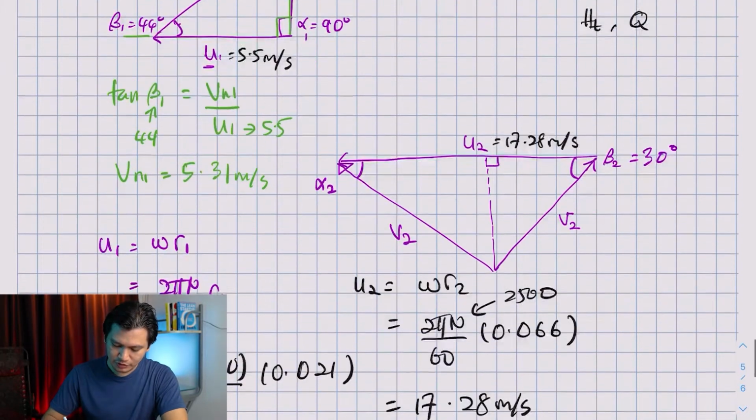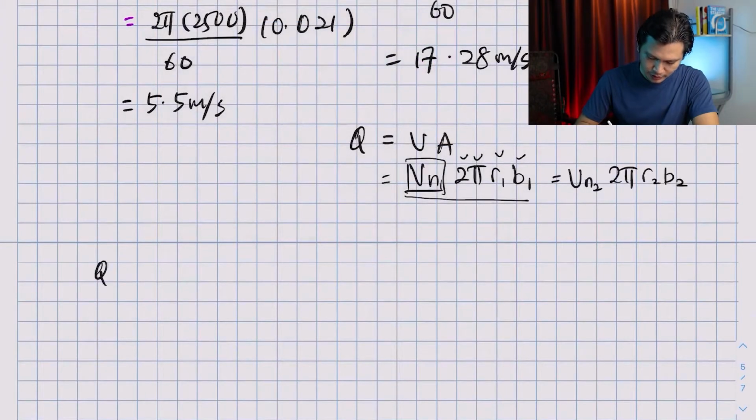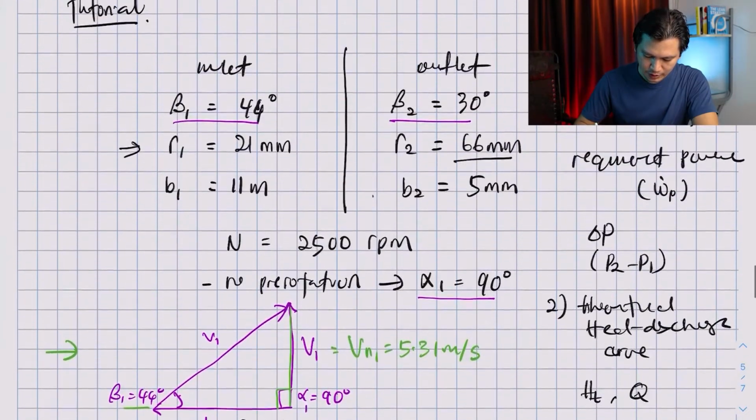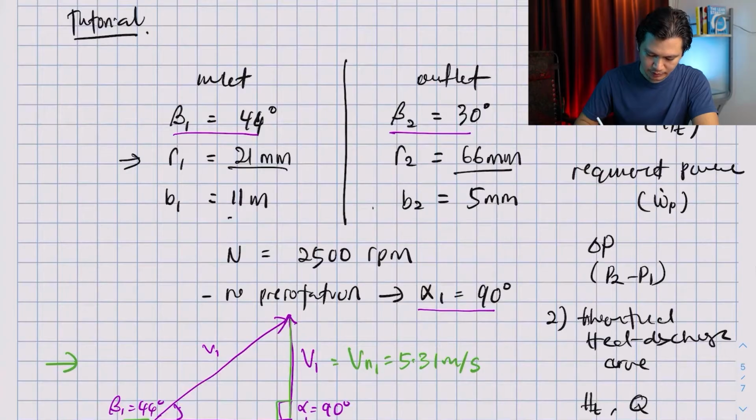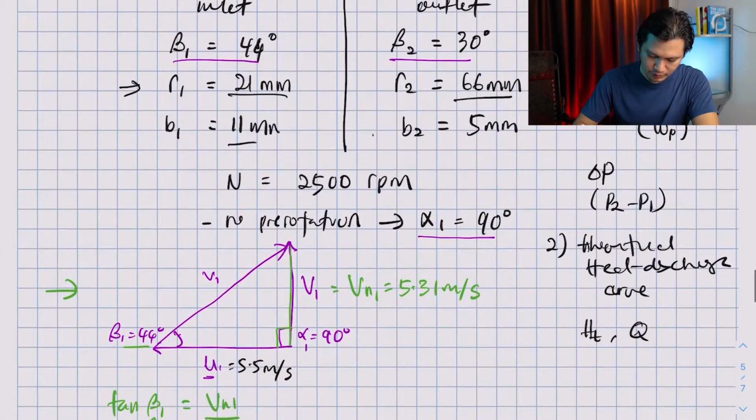Once you know this, let's plug it in here. Q is Vn1 times 2 pi R1 B1. So this is 5.31 meter per second times 2 pi. The radius at 1 is 21 millimeter and B1 is 11 millimeter. I believe that this is 11 millimeter.